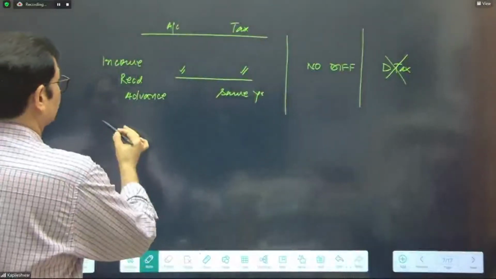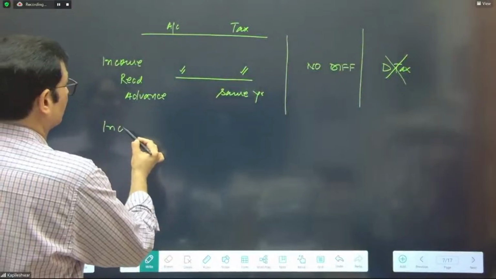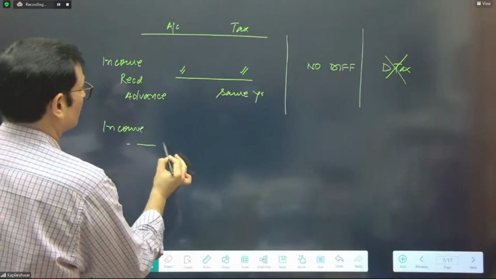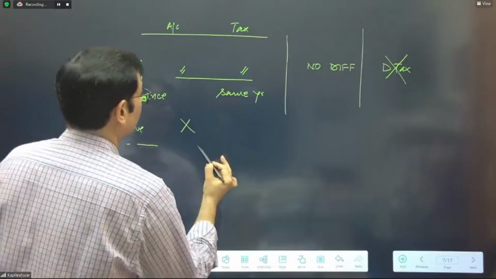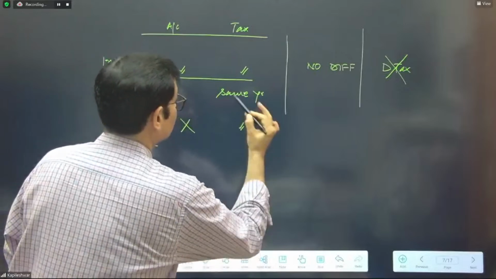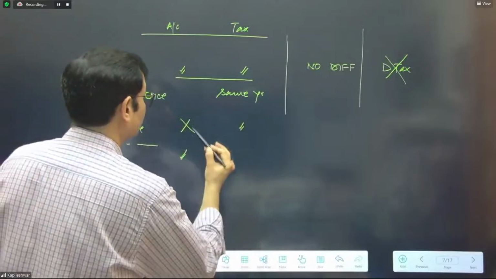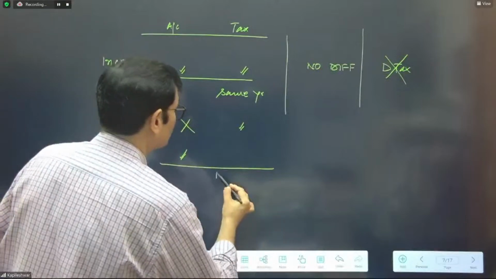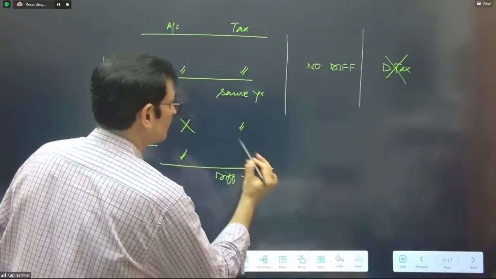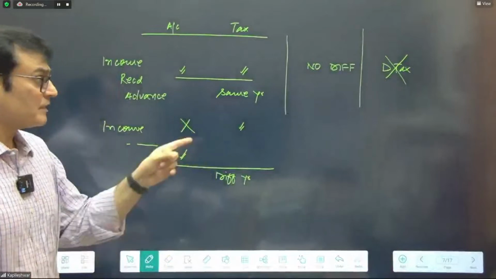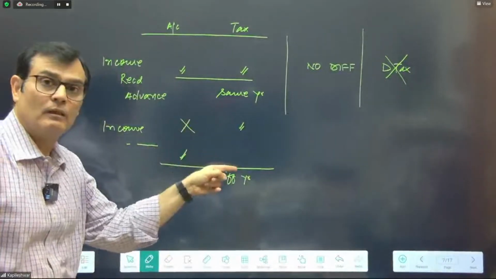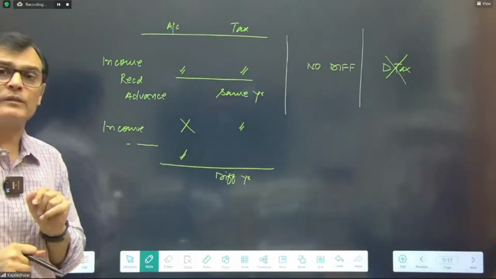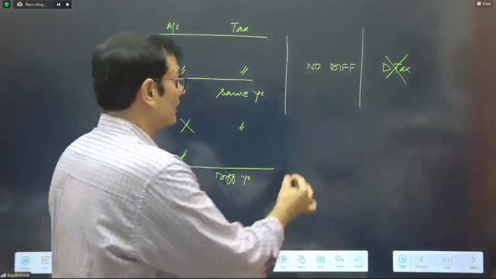Now consider that there is income received in advance. It is not taken in accounts, but it is taken in tax this year. It will be taken in accounts in another year, so it's going to be taken in different years. The tax authority took it right now, and the accounting people will take it in the next year.